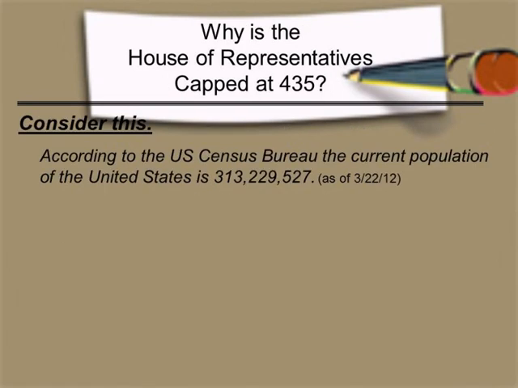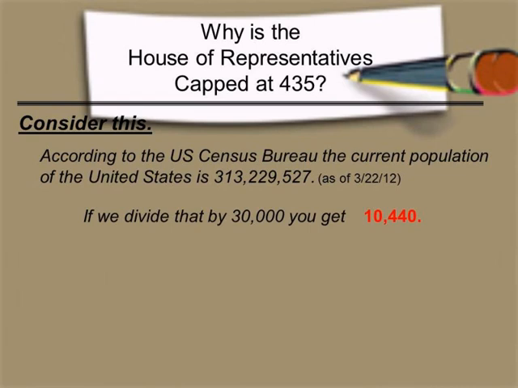Don't do much math in this class, but take a look at this. According to the U.S. Census Bureau, the population as of yesterday, the 22nd of March 2012, was 313,229,527. Now, based on that population, if we divided that by 30,000, you come up with a figure of 10,440.